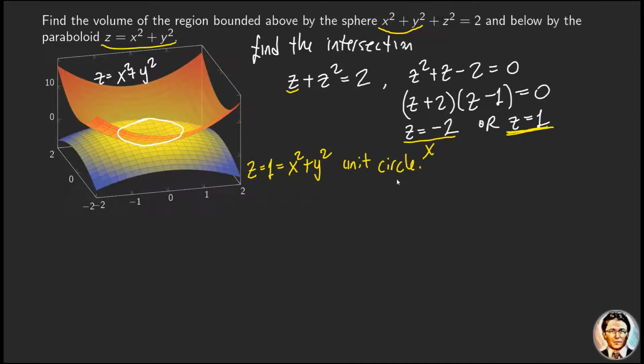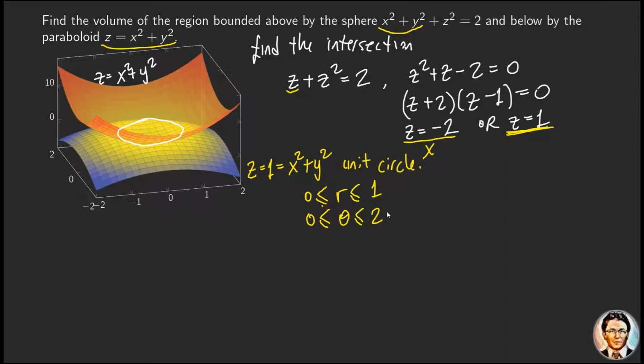For the unit circle, we may directly say the bounds for r and theta are r from 0 to 1 and theta from 0 to 2 pi, because we have all the possible theta values.